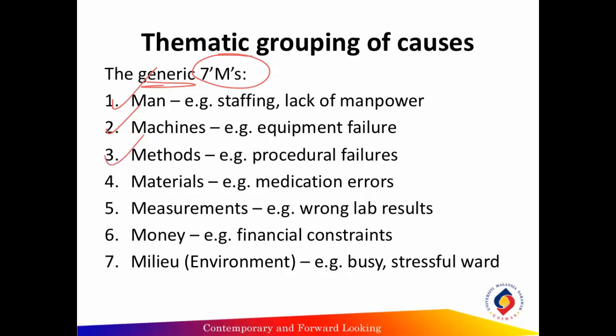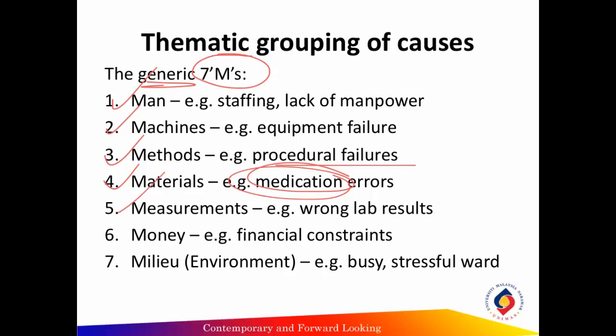The third M refers to methods. This refers to all the procedural issues. Even in the previous lecture we talked about that. The fourth M refers to materials, and these include, in a clinical incident, for example, medications, such as medication errors.